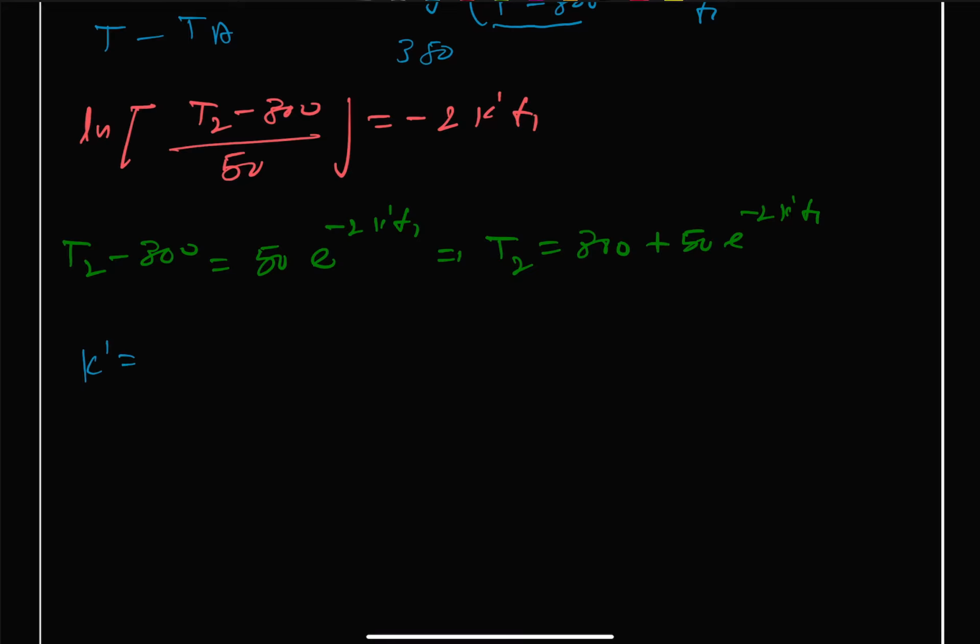So we can say our K prime, which is our K plus Ka upon Cl, and for time T1 we can just write K prime T1 is equal to K T1 plus Ka T1 upon Cl, and we know that our K T1 is natural log of 2.